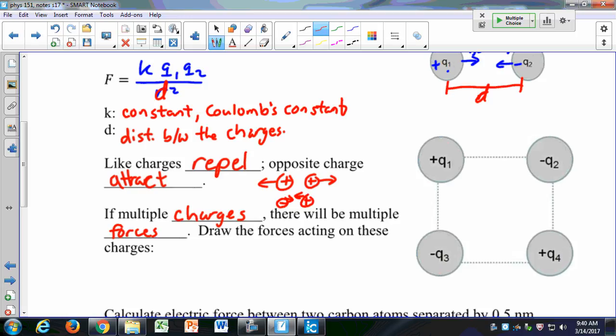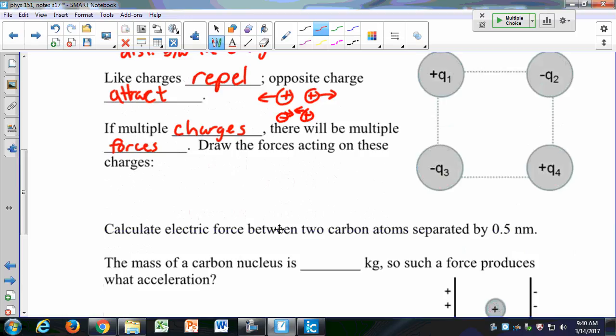So take a moment. I want you to draw all the forces that are acting on Q3. For example, there is a force acting on Q3 that's due to Q4. Is it to the left or right?